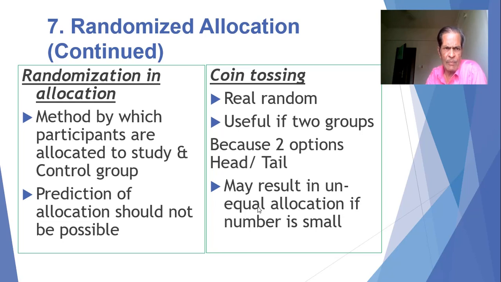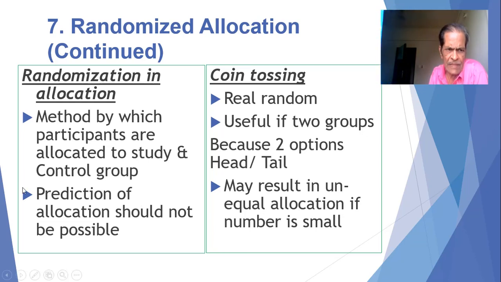Randomization in allocation means the method by which the participants are allocated to study and control group, and this allocation is not as per the whims of the principal investigator, but it is done by a method which is scientifically accepted as random. Random doesn't mean haphazard. Random means scientifically done allocation.